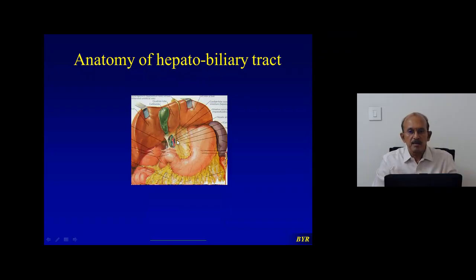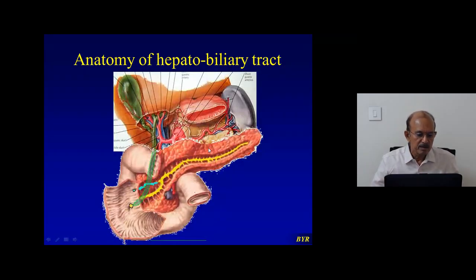How to remember that? Duct is dexterous. Dexterous means to the right side. If you remember like that, you will never forget. Bile duct is to the right side. Let's focus on this particular area. Right means laterally.